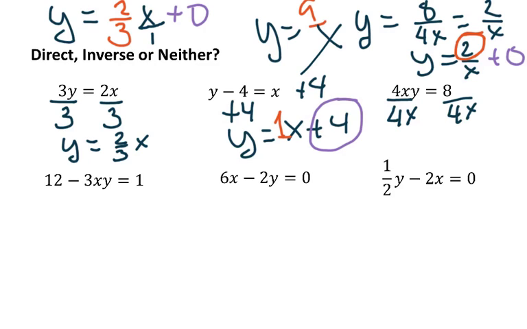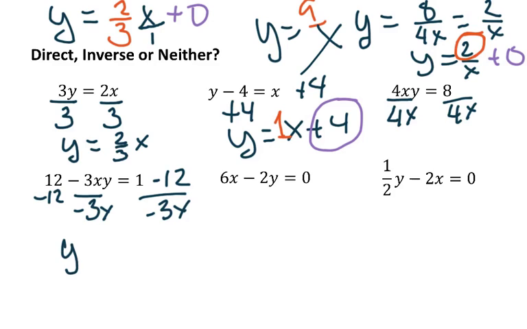All right, moving on. Number 4. I'm going to do some algebra here. I want to solve this for y. My first math move will be to subtract 12 from both sides. In the same move, I'm going to divide all of this by negative 3x, and then I'm going to clean this up.